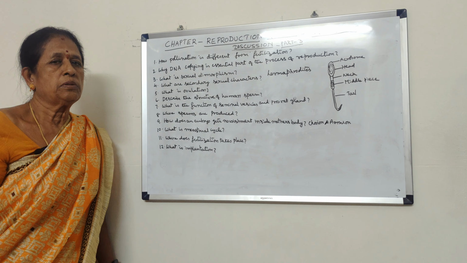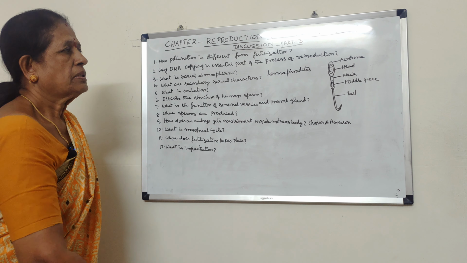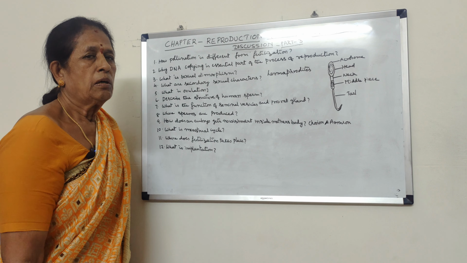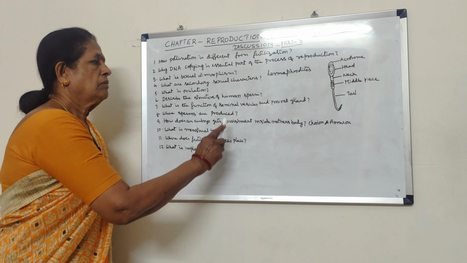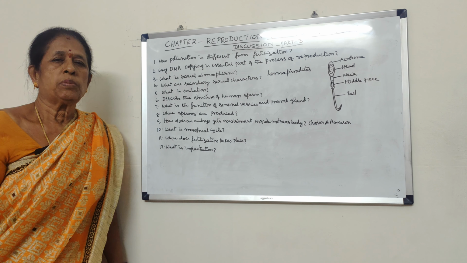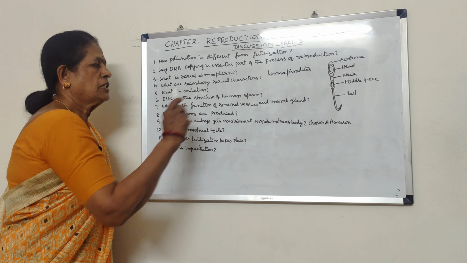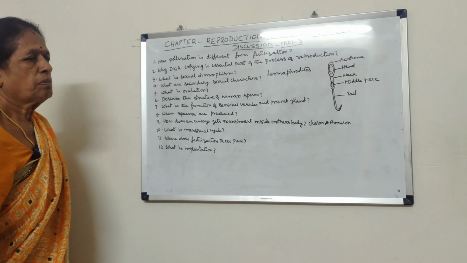Testosterone is a hormone produced by the testes, and it promotes the production of sperms. The lifespan of sperms is 1 to 3 days, that is 24 to 72 hours. So seminal vesicles and prostate gland provide a medium for the sperm to move or swim, and they also supply nutrients to the sperm.